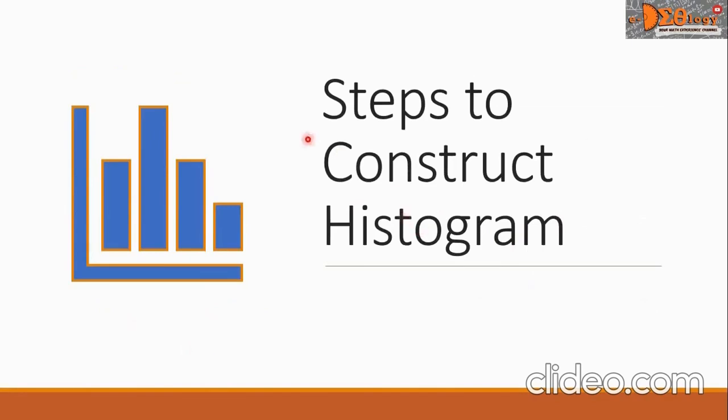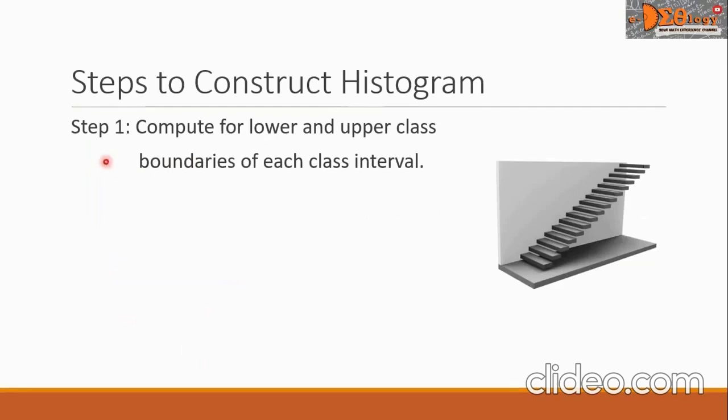Here are the steps to construct histogram. Step 1. Compute for lower and upper class boundaries of each class interval. The formula is given. For upper class boundary, that is equal to UL sub C. This UL means upper limit of the class interval, plus LL sub n.